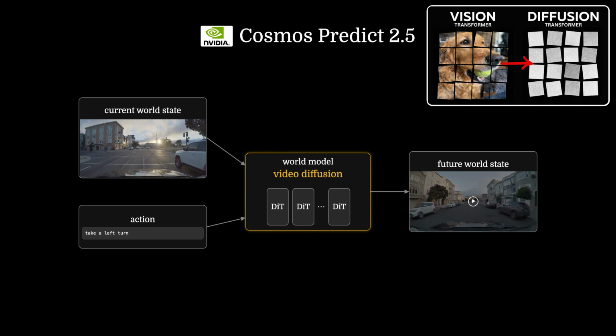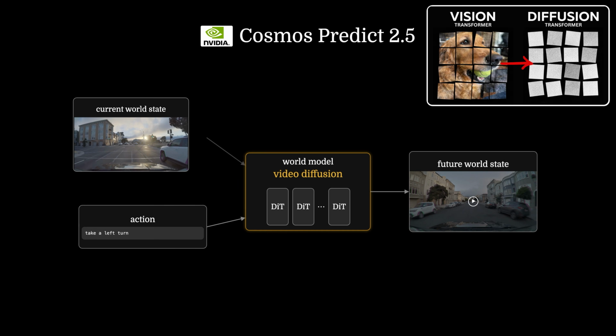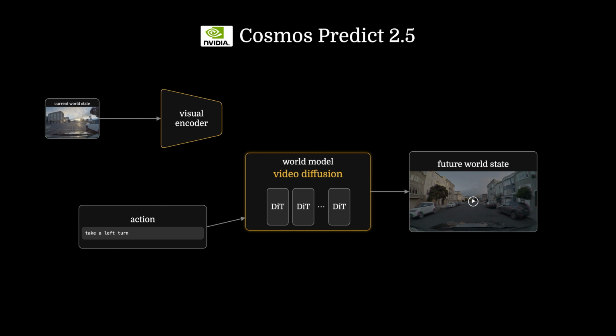The DiT is basically an extension of the original language transformer, capable of processing both image and text tokens. The current world state is compressed by a visual encoder into a smaller latent space, one slice for an image input or multiple slices for video frames. The visual encoder is an off-the-shelf model, in particular, the WAN 2.1 VAE encoder from Alibaba.